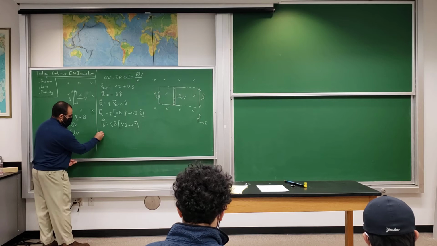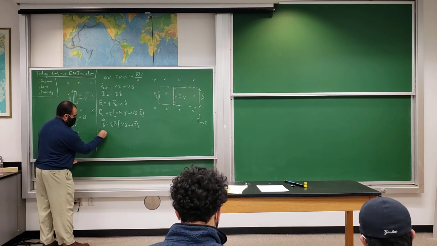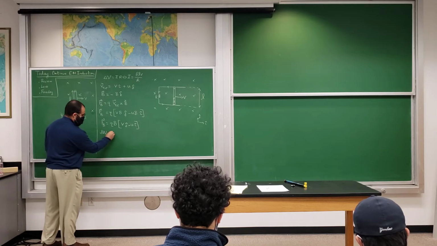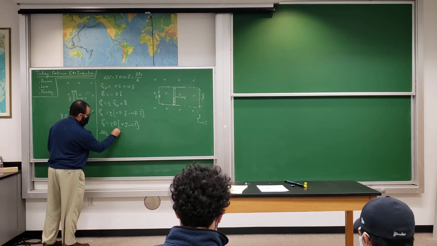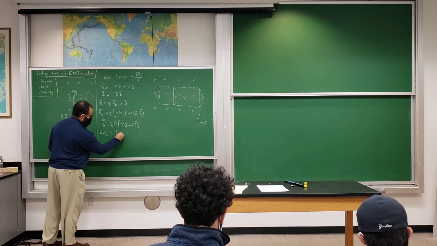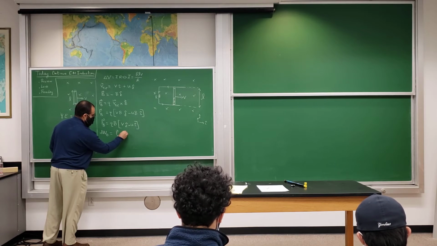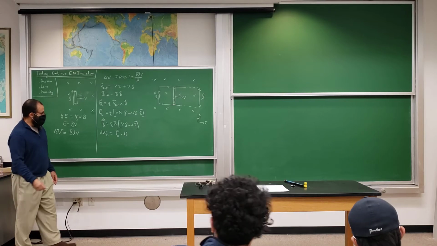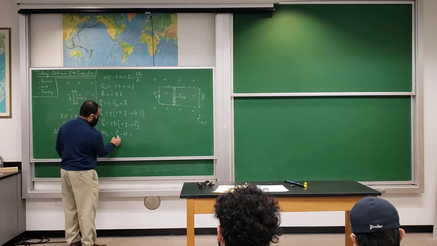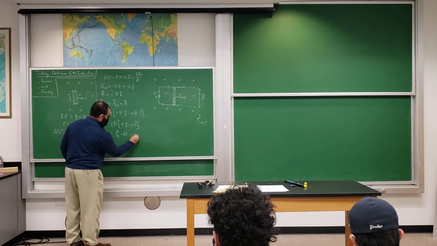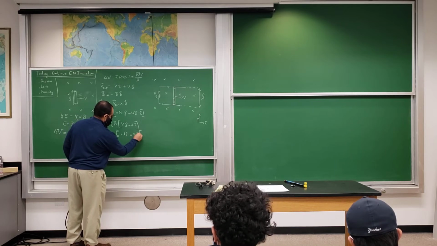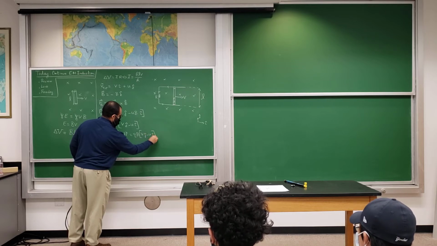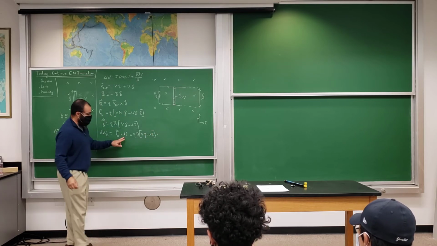So dW, a small amount of work of the magnetic field, will equal the magnetic force dotted with the displacement dr. So the magnetic force is QB times (V J hat minus U I hat), dot product with dr.